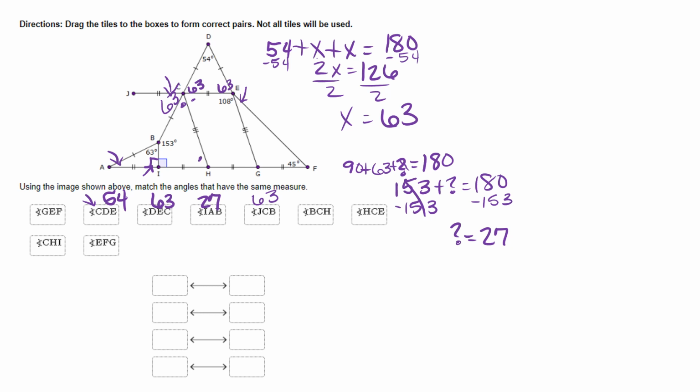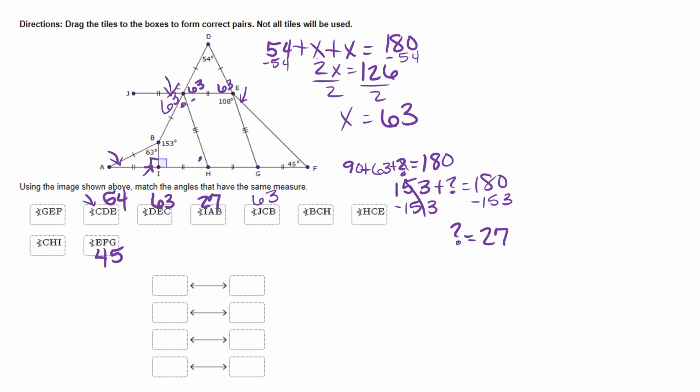CHI, we need this one. And then EFG. EFG we already have is 45. Okay, so now we're going to go around and find what we can about these.